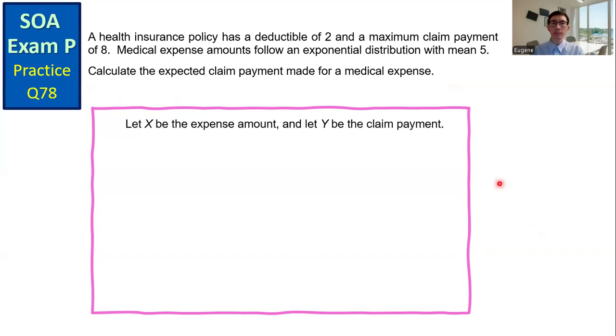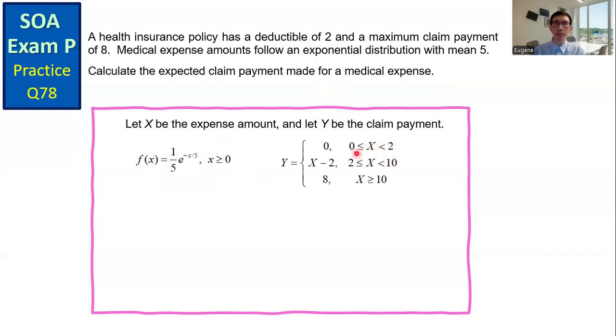Let X be the expense amount and let Y be the claim payment. The expense amount X follows an exponential distribution with mean 5, and here we have the corresponding PDF of X, and then the PDF of Y. Due to the deductible of 2, if the expense amount is less than 2, the claim payment is 0.